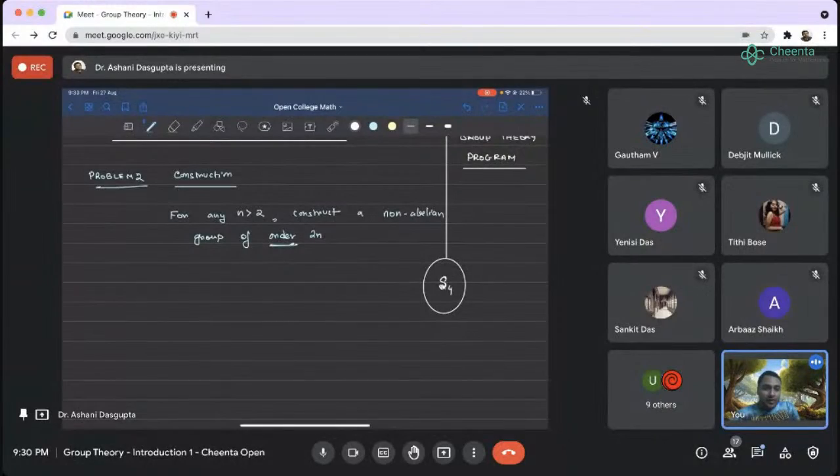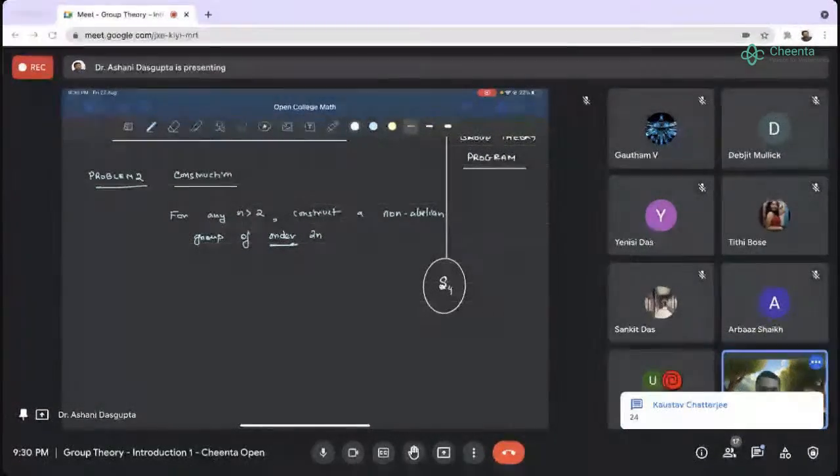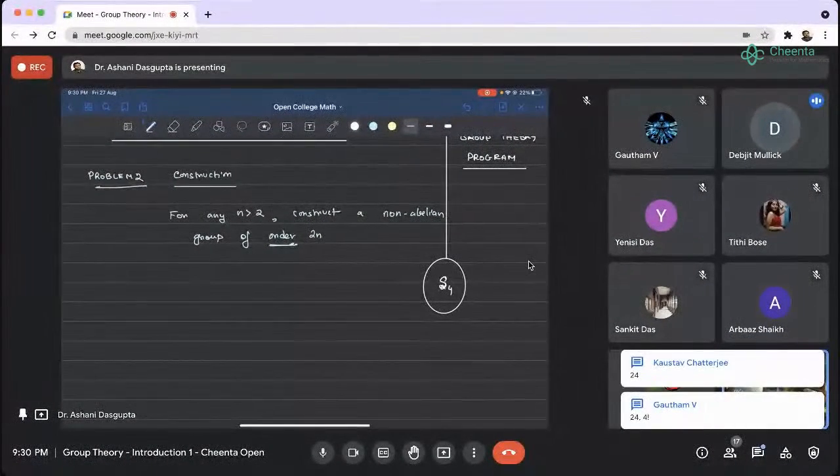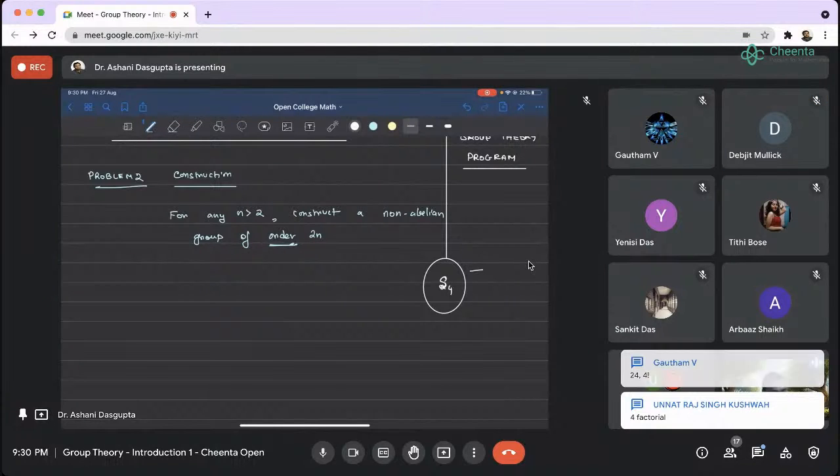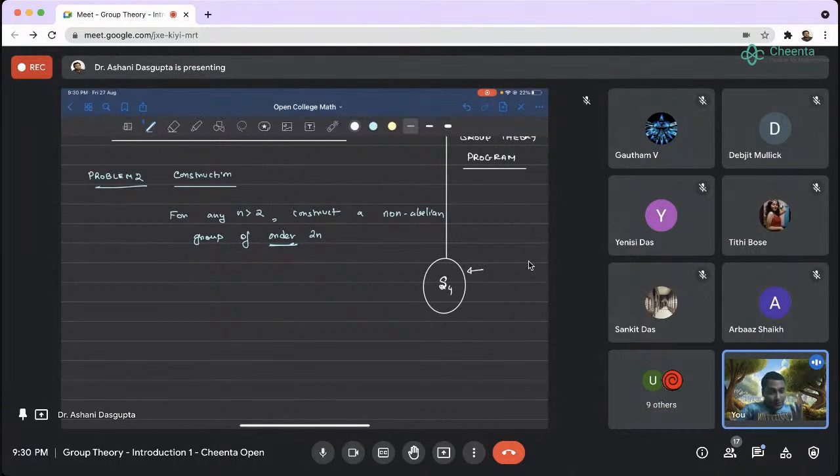If you are familiar with these types of groups, maybe you can. 4 factorial. Correct. If you don't understand what S4 is, don't worry about it. It's the name of a type of group. It's very simple. It's a permutation group of 4 elements. But if you don't know, that's fine. If you know it, you know that there are 24 elements.